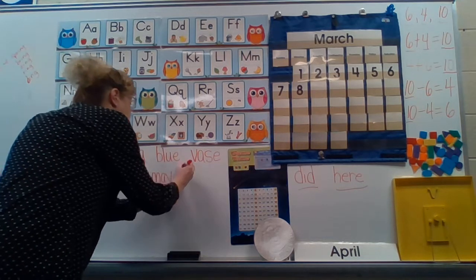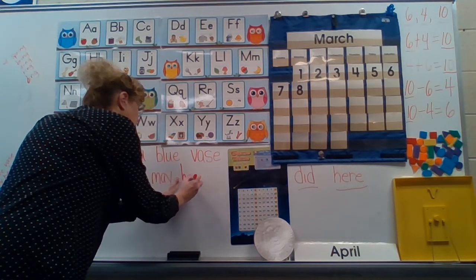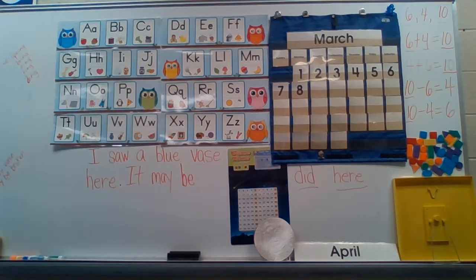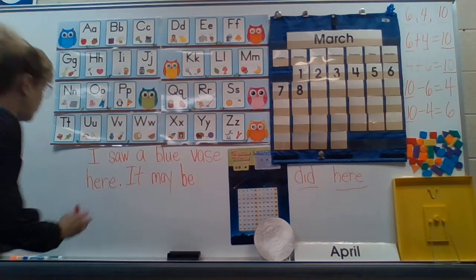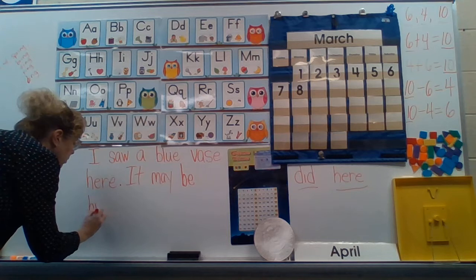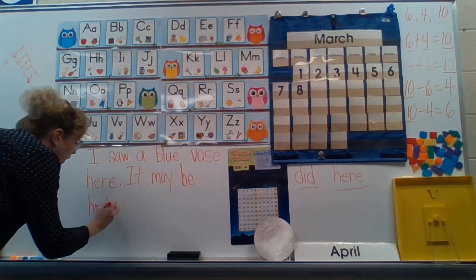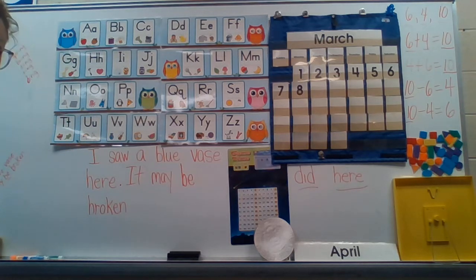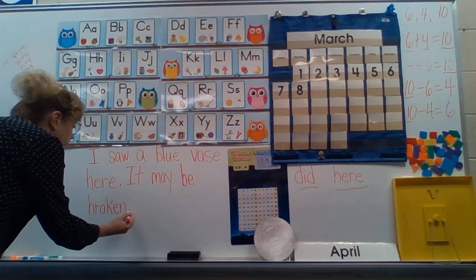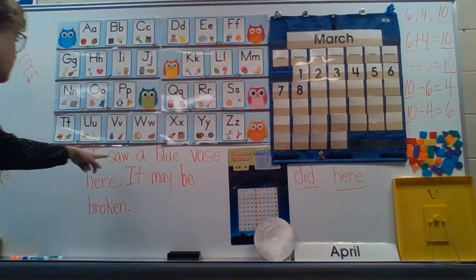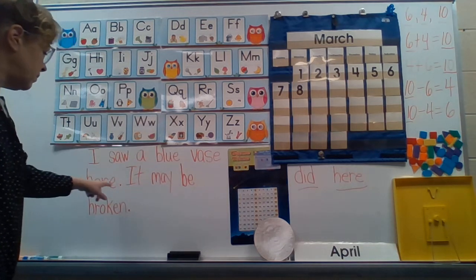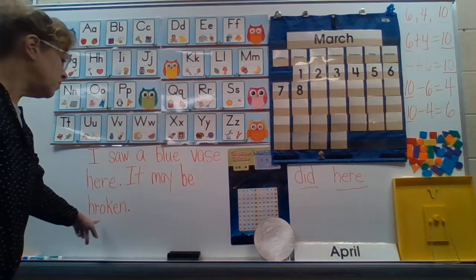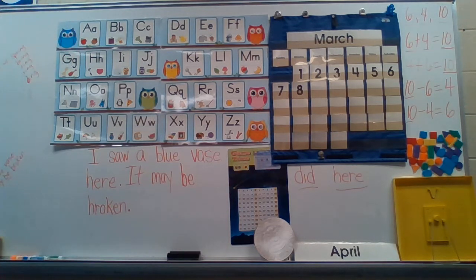It may be now my next word is broken. B-R-O-K-E-N. It may be broken. And I'm going to put a period. I saw a blue vase here. It may be broken. Uh-oh.